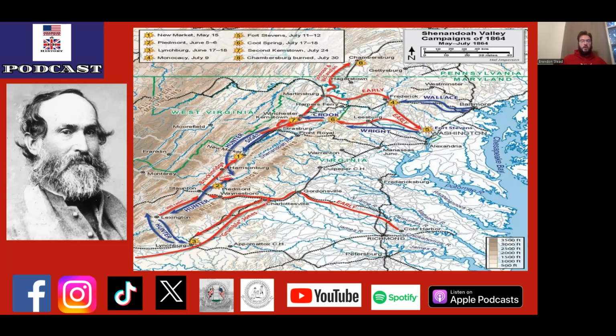With Grant's plan, he's going to attack all the Confederate armies stationed in the South, and his goal was to destroy them and force them to surrender as soon as possible for the war to be over. Because remember, the war has been going on for a long time, and the people are desperate for the war to be ended.